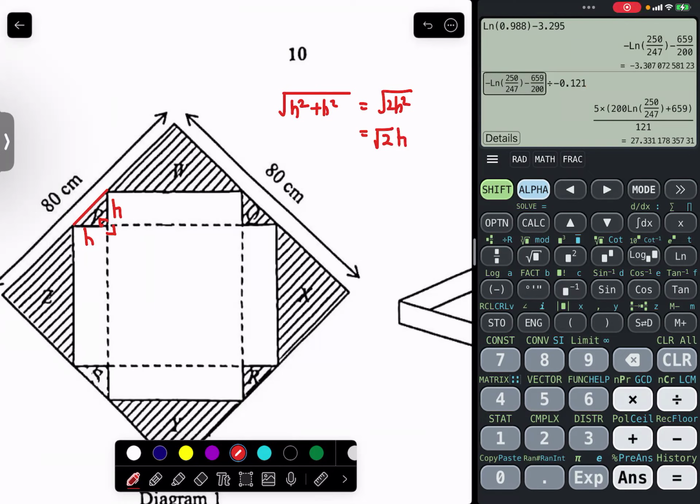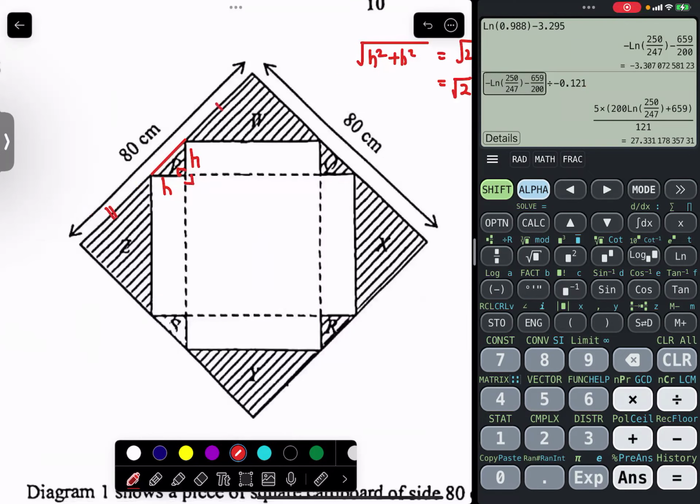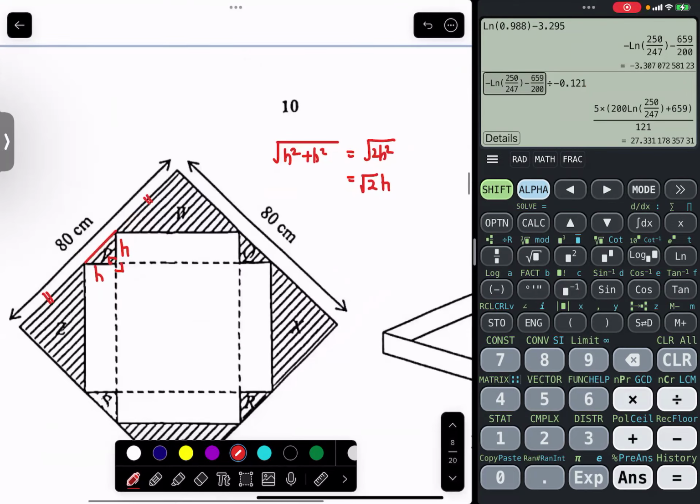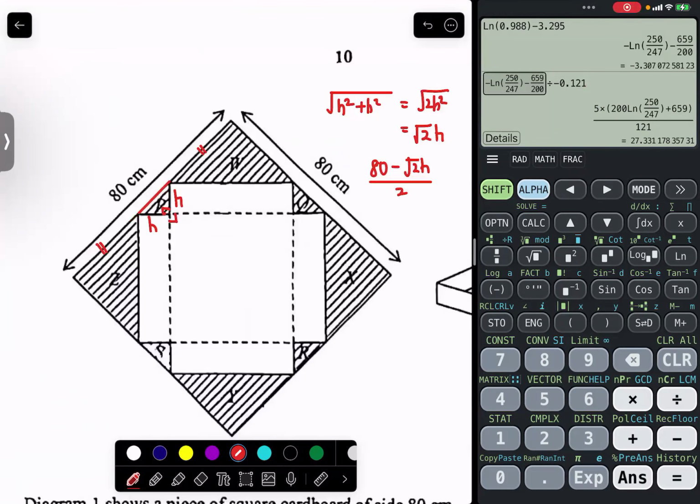Since this and this part are the same because they're identical isosceles, these two parts will be (80 minus square root 2 h) divided by 2. Then you have this as a right angle again.